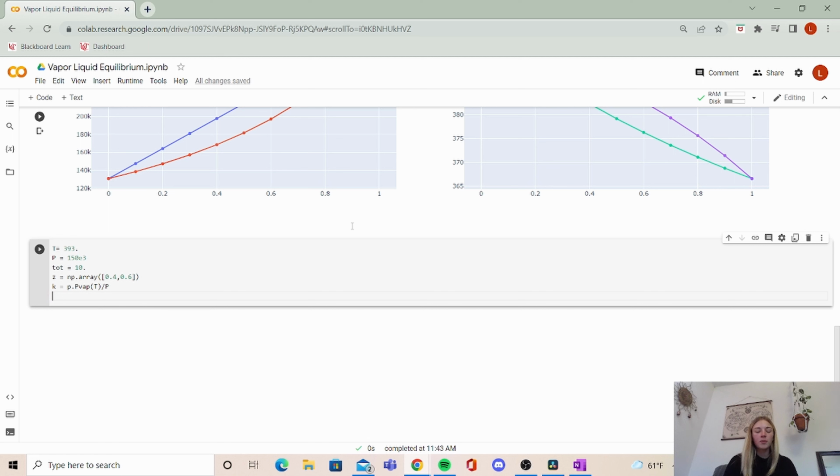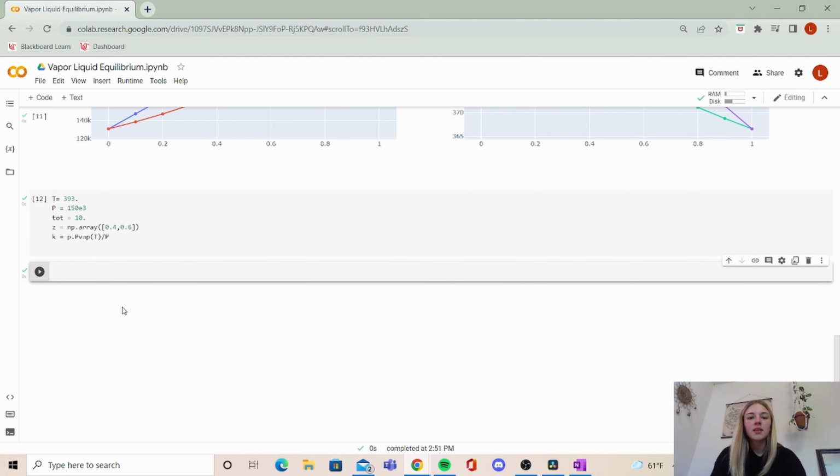So if you remember from our equation, we have a sum that is set equal to 0 with only one unknown. So we are actually able to use the root solver function to find our only unknown, which is V, the flow rate of vapor exiting our flash drum.